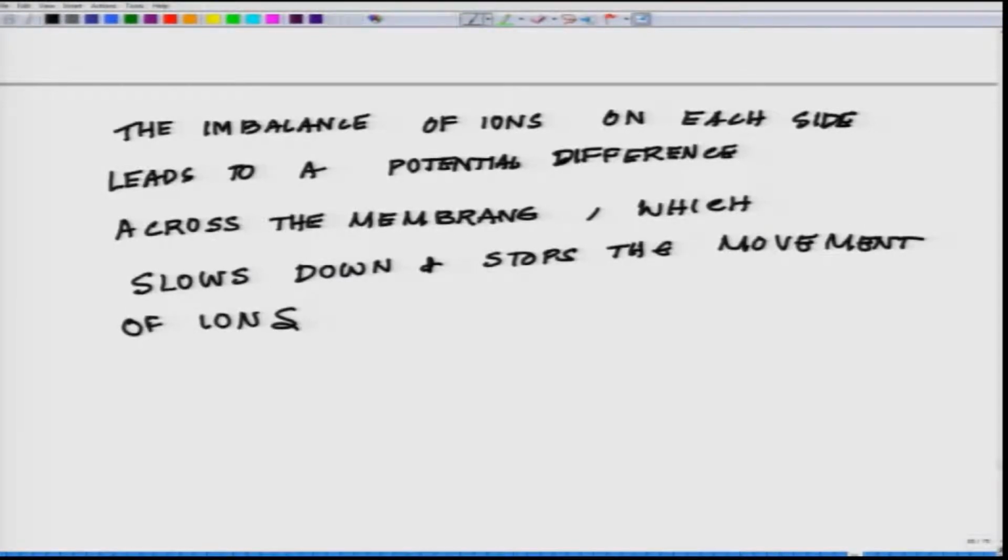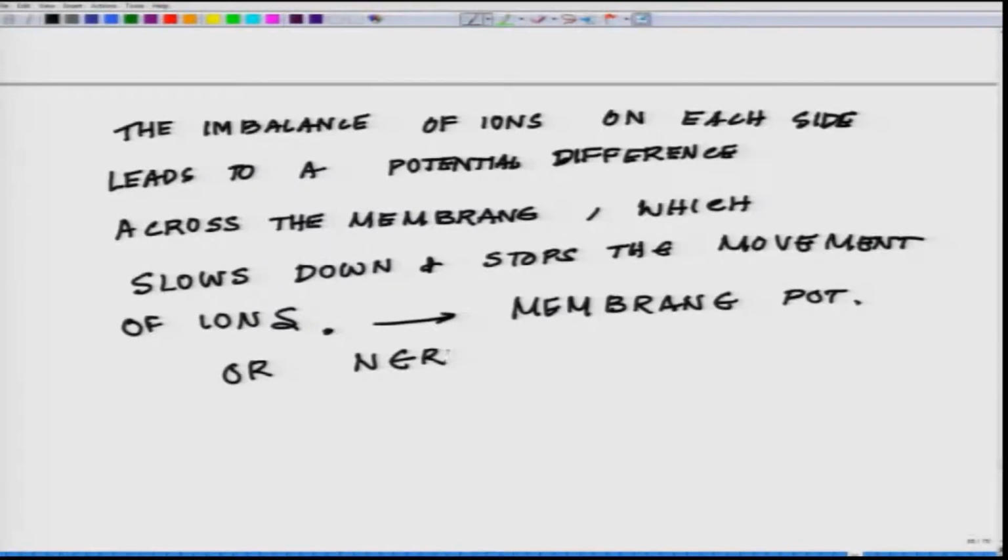This is known as membrane potential and sometimes called Nernst potential. Okay. Membrane potentials are often found in biological cells where the concentration of, now we will introduce potassium, sodium and chloride and other ions are different inside and outside the cell.